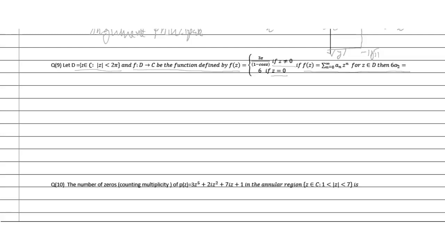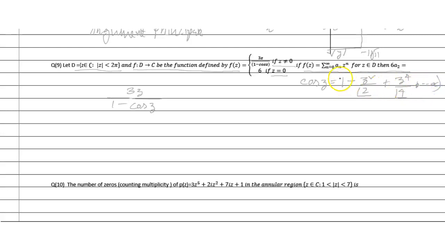So friends, this is very simple. We have 3z divided by 1 minus cos z, and what is the value of cos z? It is 1 minus z square by 2 factorial plus z to the power 4 divided by 4 factorial, up to infinity.